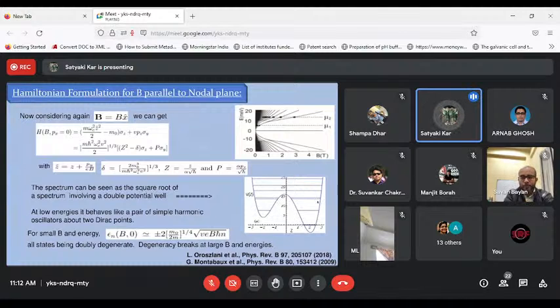Now, when my magnetic field is very small, the distance between these 2 potential wells is very far, and then you can treat them independently. And then each one of them, for low energy, you can consider to be a simple harmonic oscillator, and both of them have the same energies. So you can have energy matches at low energies.